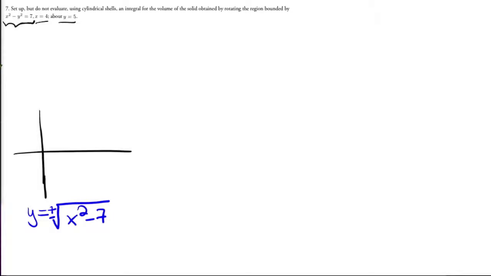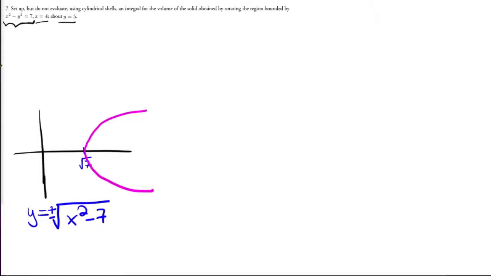Okay, so if you do that, you'll notice somewhere around here at square root of 7, you have a function that kind of looks like this and then like that.